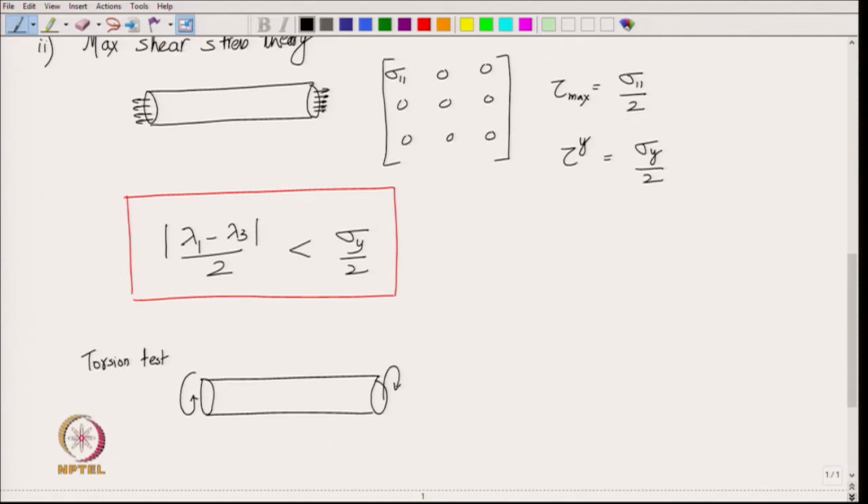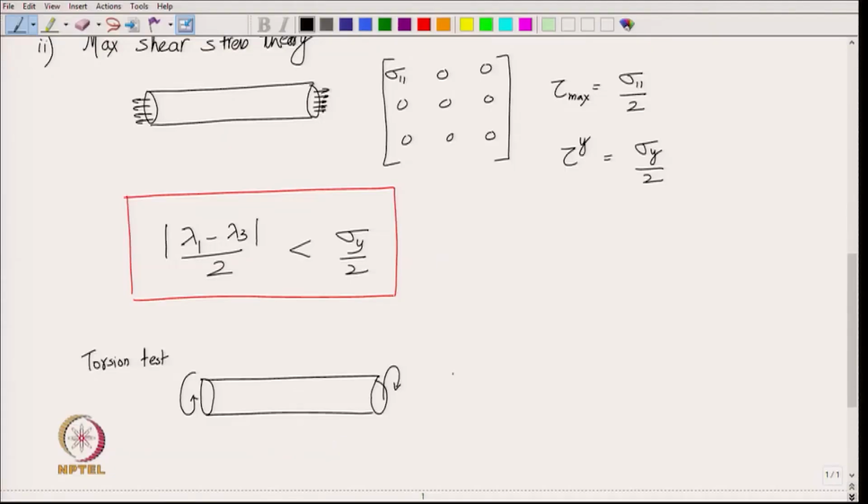So, it is going to twist. So, what is the state of stress at any point in the cylinder? For torsion we have seen that the sigma matrix in the cylindrical coordinate system has everything 0 except for tau theta z.